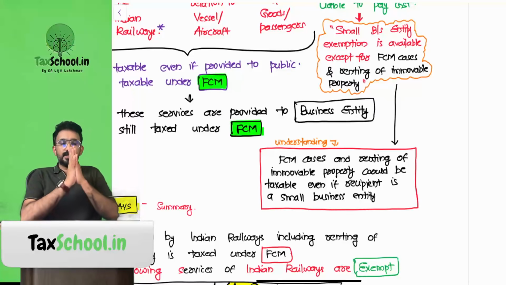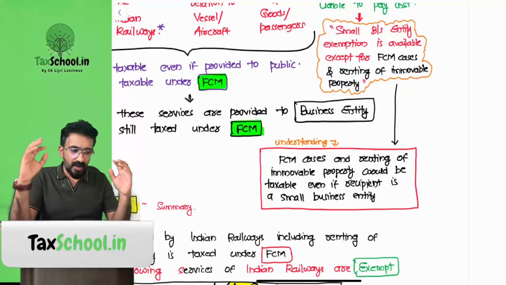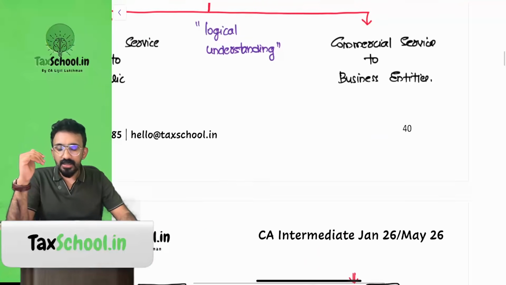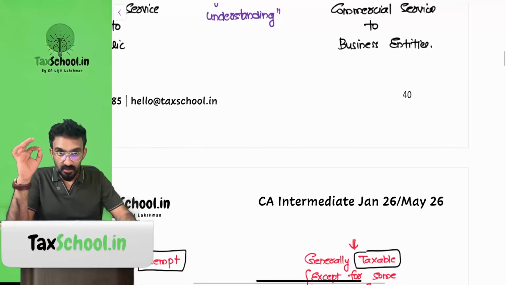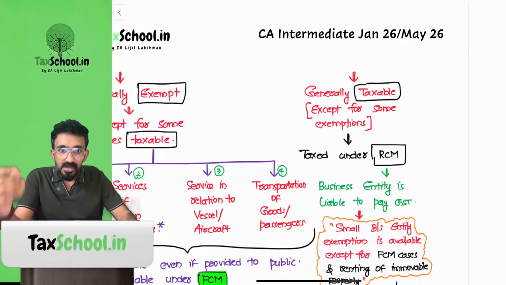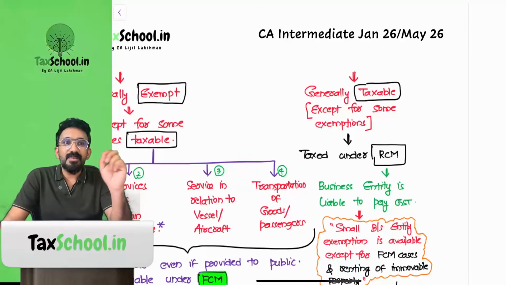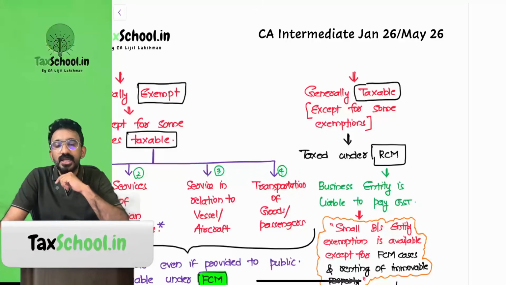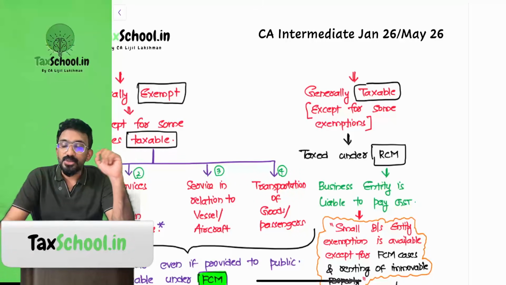All right, so look, when government is providing services to a business entity, what have I told you? Government providing commercial services to a business entity, these are taxable generally, except for some exemption. Now I'm going to teach you one exemption there. What is that? Small business entity exemption.